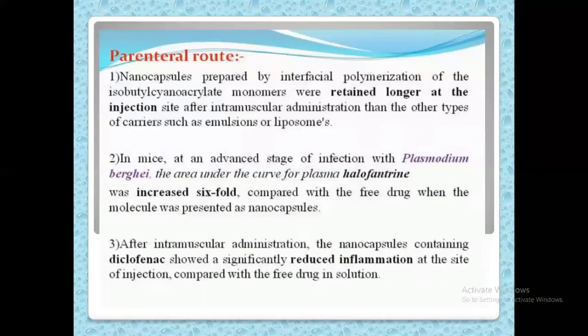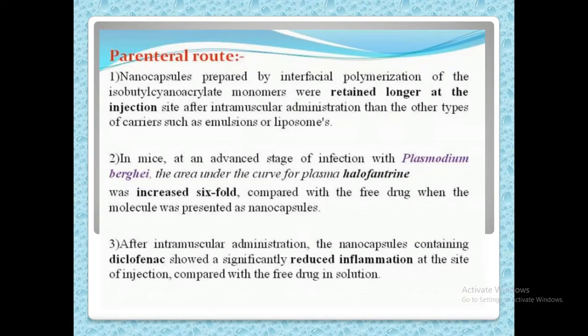Then the parenteral route. Nanocapsules prepared by the interfacial polymerization method of isobutyl cyanoacrylate monomers were retained longer at the injection site. Slowly they are released after intramuscular administration, that is IM, than other types of carriers such as emulsions or liposomes. Emulsion and liposome methods are also used, but they are all much less effective when compared with this.